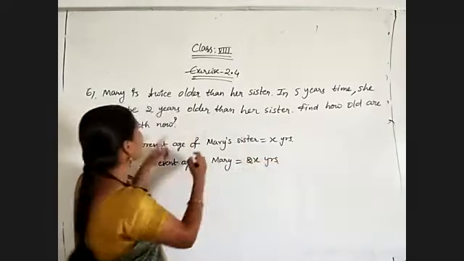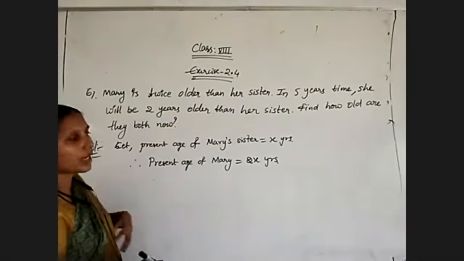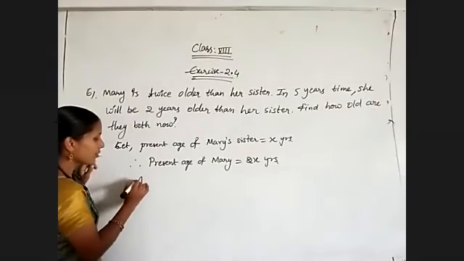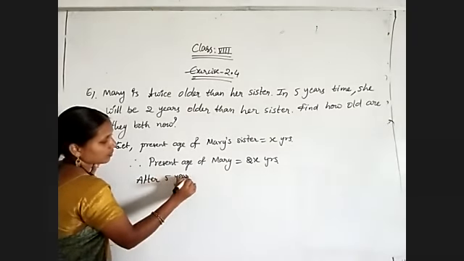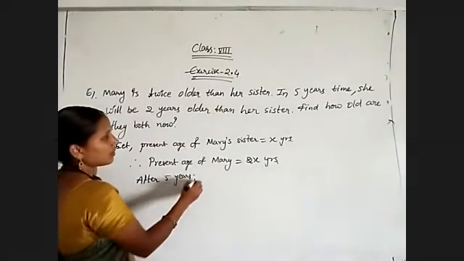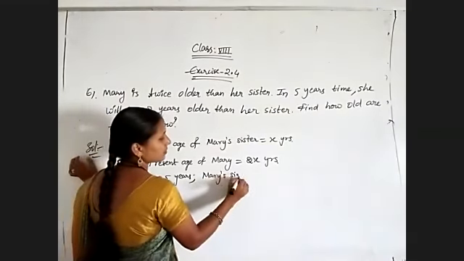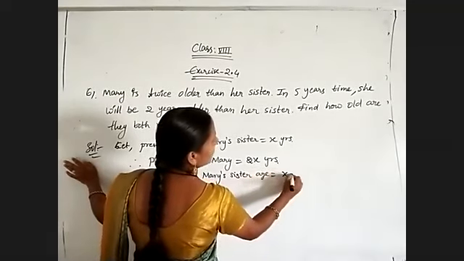That is what they have given in the question: twice older than her sister, twice, 2x. In 5 years time, that means after 5 years, Mary's sister's age is equal to x plus 5 years.